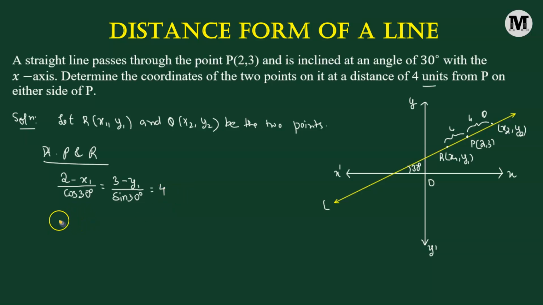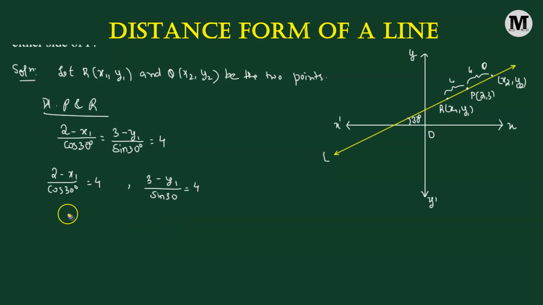Now we can rewrite this as (2 minus x1) divided by cosine 30 degrees equals 4, and (3 minus y1) divided by sine 30 degrees equals 4 as well. Cross multiplying, we get x1 equals 2 minus 4 times cosine 30 degrees, and y1 equals 3 minus 4 times sine 30 degrees.